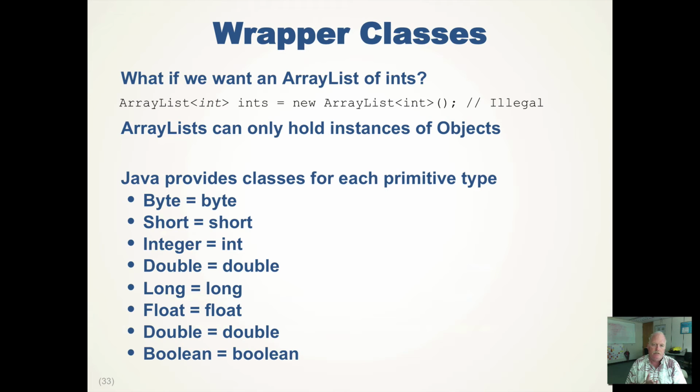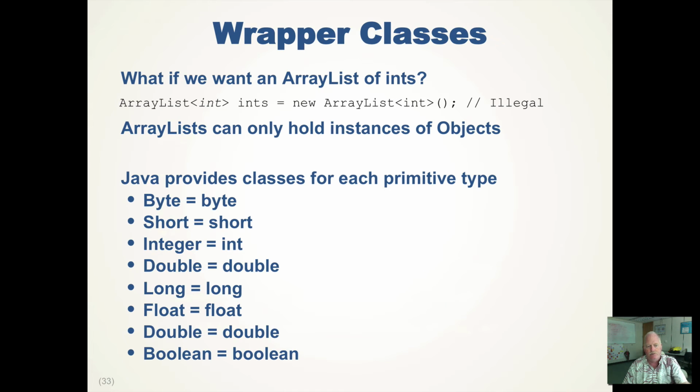So we talked earlier about how array lists only work with objects, not primitives. So how would we create an array list of ints? We can't write ArrayList of int because that's illegal. Int is not an object, it's not a class. So Java provides wrapper classes for each primitive type.